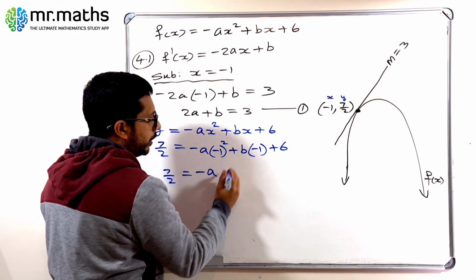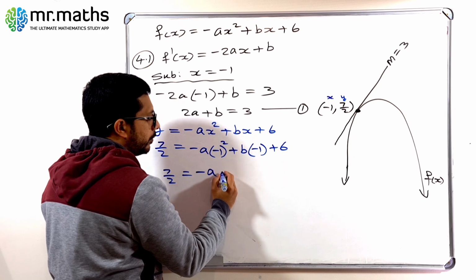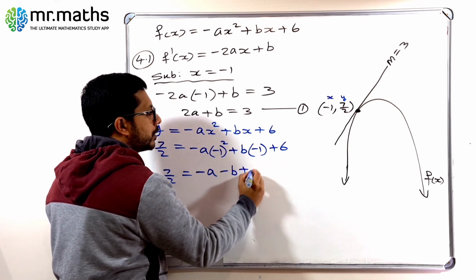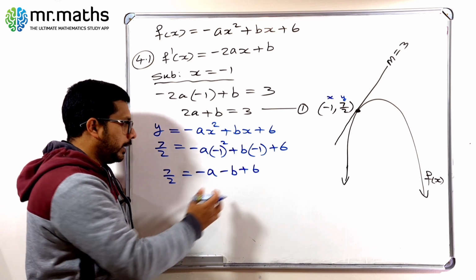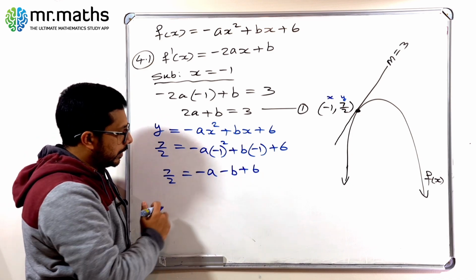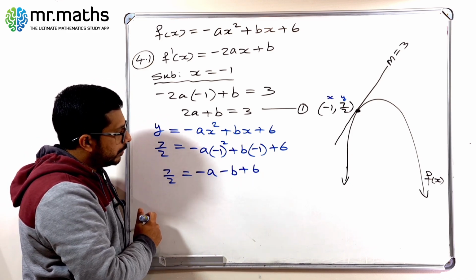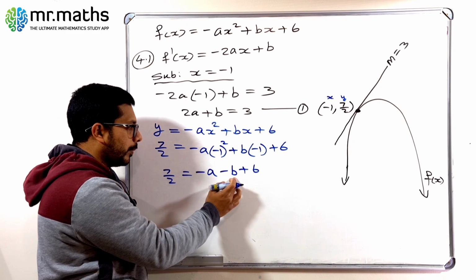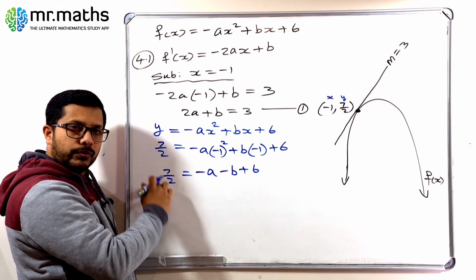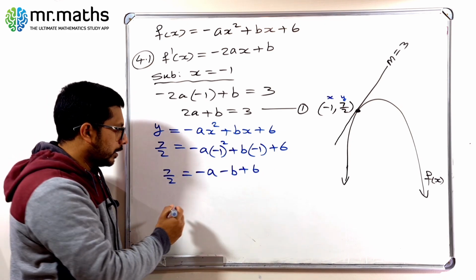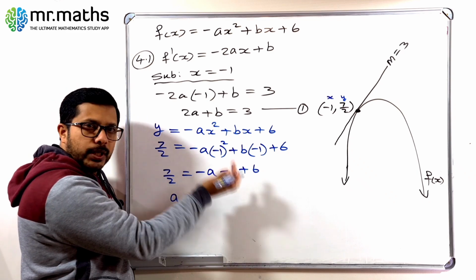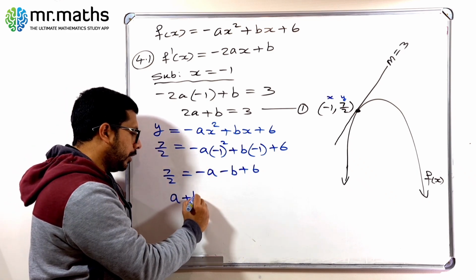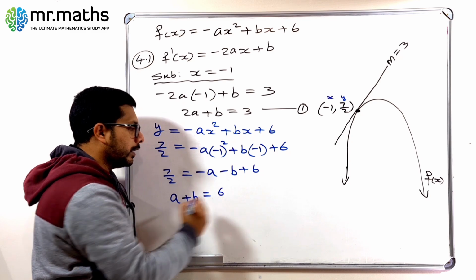Then b into minus 1 is minus b, plus 6. Now take the minus a and minus b to this side, and this 6 to the other side. Minus a to this side is positive a, minus b to this side is positive b, is equal to, there is a 6 there.